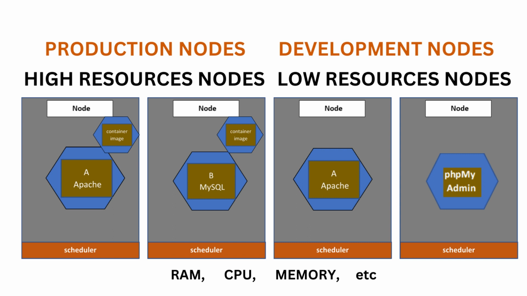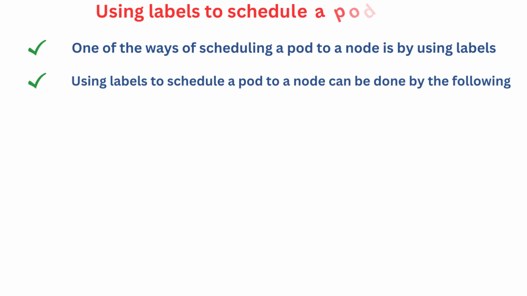And scheduling a pod to a node can be done using labels. We already talked about labels and selectors in one of our previous lessons, so this shouldn't be a problem. Labels can be used to schedule pods to a node, and there are basically three ways to schedule pods to a node using labels.